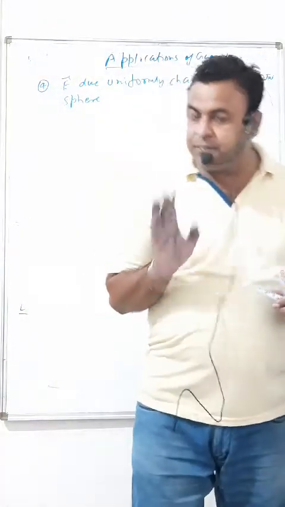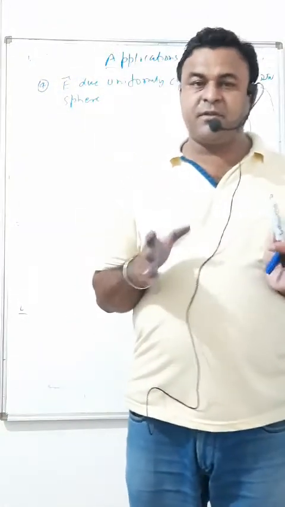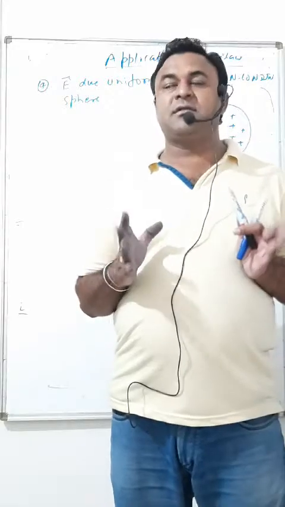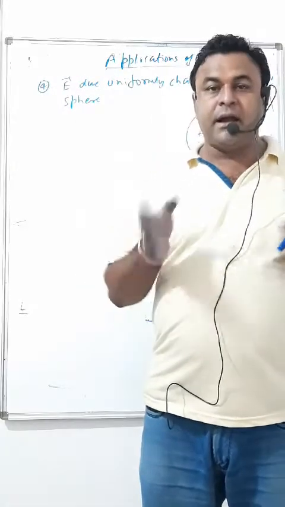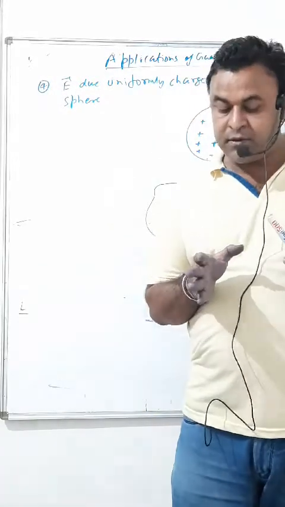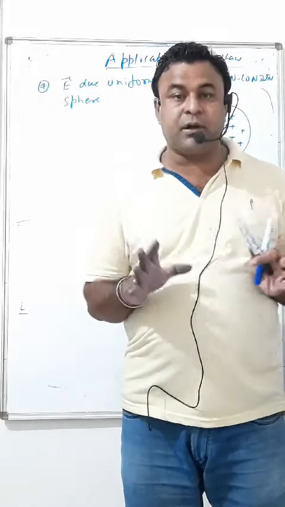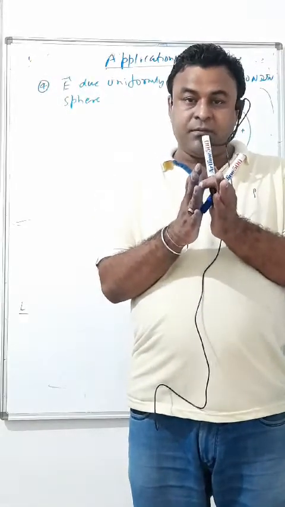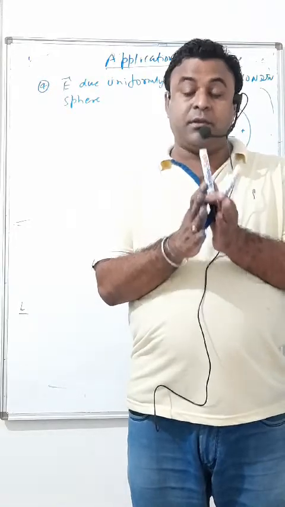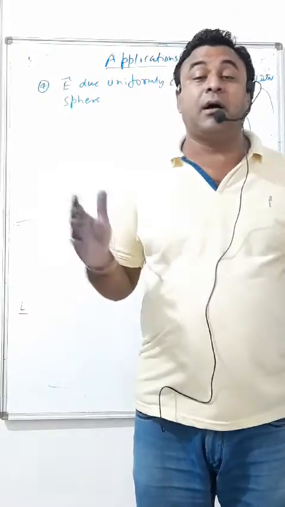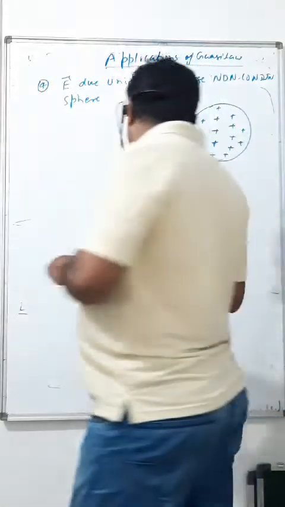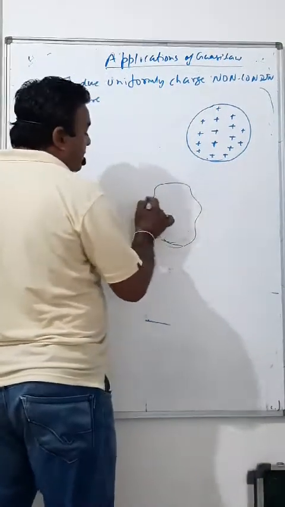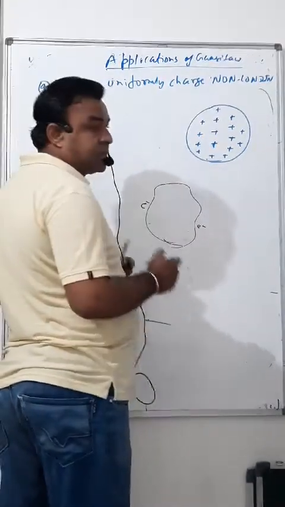They're free to move. According to the basic principle of nature, every system wants to gain stability, and to gain stability it wants to minimize its potential energy. If two negative charges are very close to each other, they repel and their potential energy is maximum. Now they'll try to be maximum apart, so they'll move as far apart as possible.